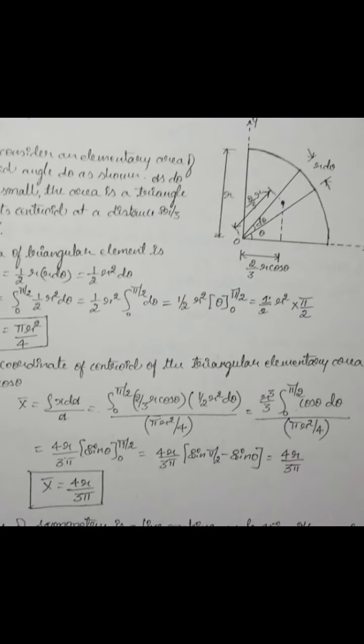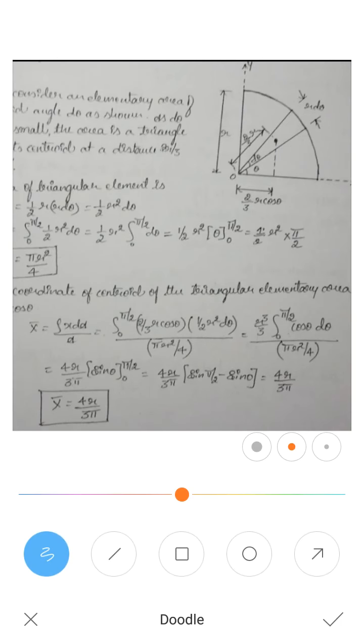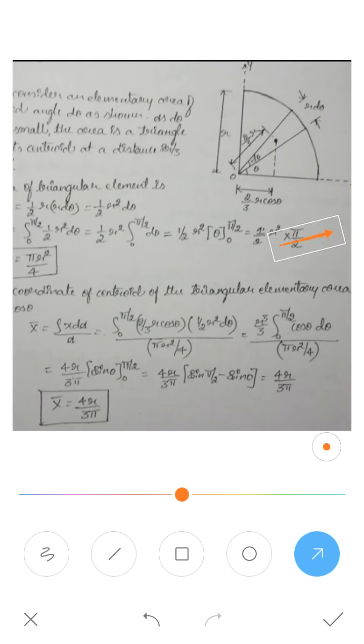See, this is the x distance. The x distance is 2 by 3 r cos theta.